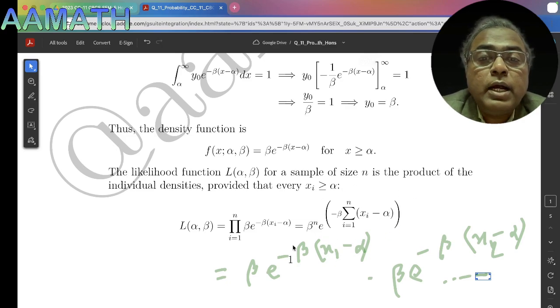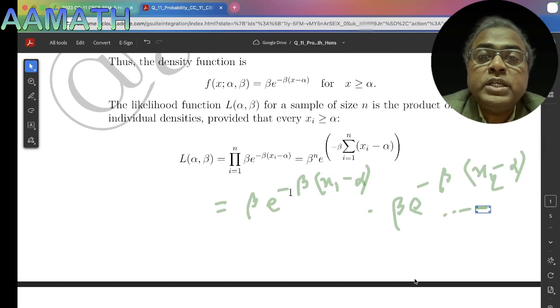This is the power, adding all the powers of e.